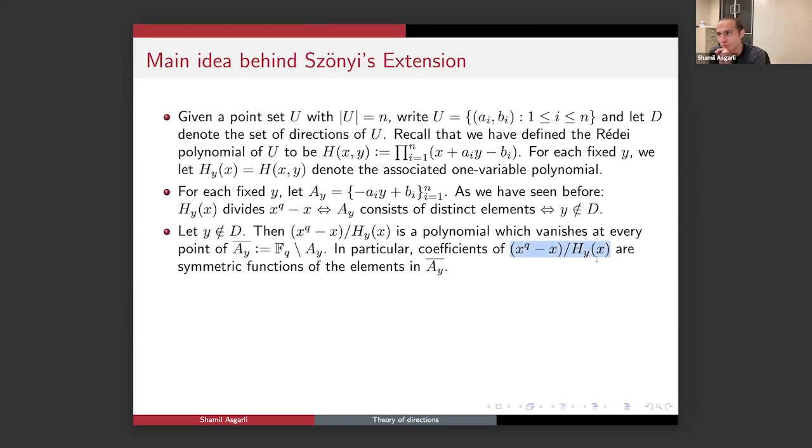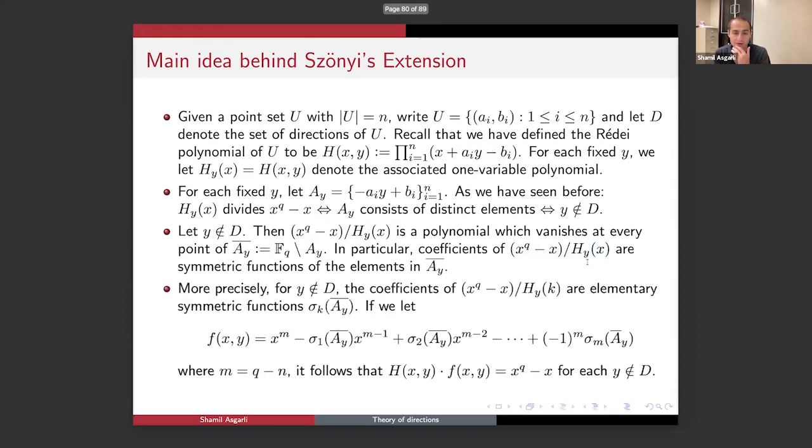This looks like a quotient, but really it's a polynomial. It's like the residual part. And now this is going to be symmetric in the roots. So it's a symmetric polynomial in the roots. And the roots are A_y bar, what I call A_y bar. And more precisely, you can write it like this. So recall that sigma_k is the kth elementary symmetric function.